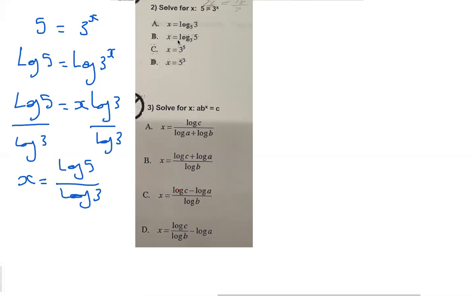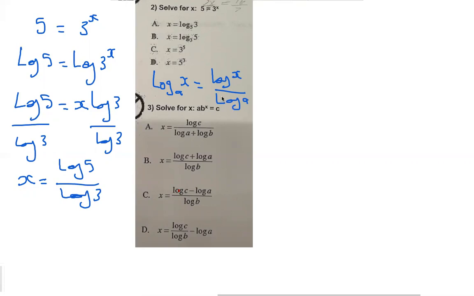In the multiple choice answers here, we don't have that. So I think what they used is one of the log rules or laws that says log base a of x could be changed to log x over log a. We call this rule change of base. So you could go this way or you could come back this way.